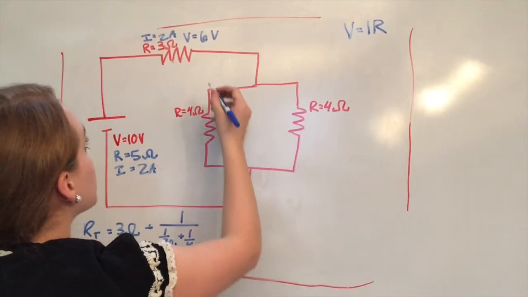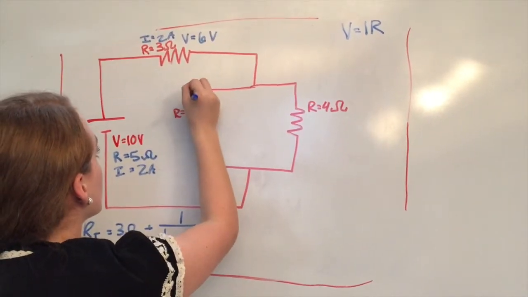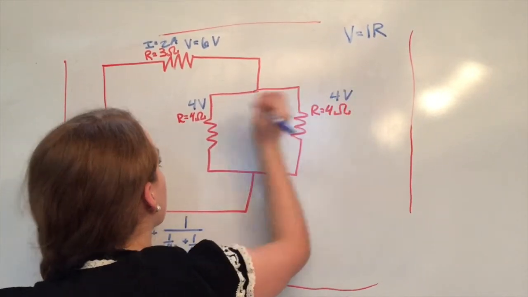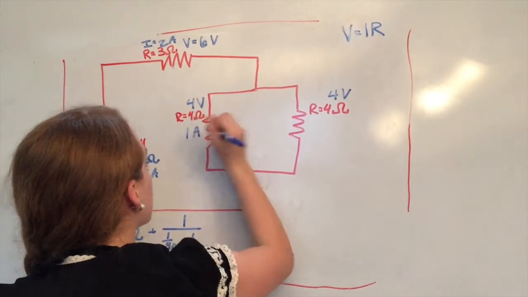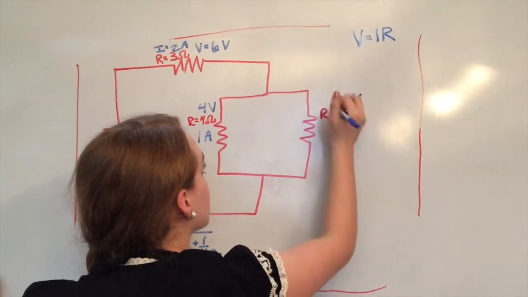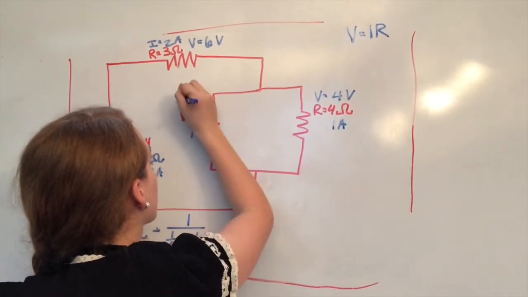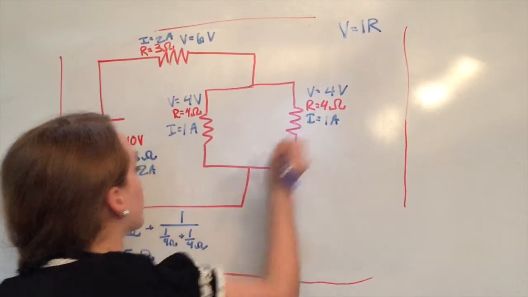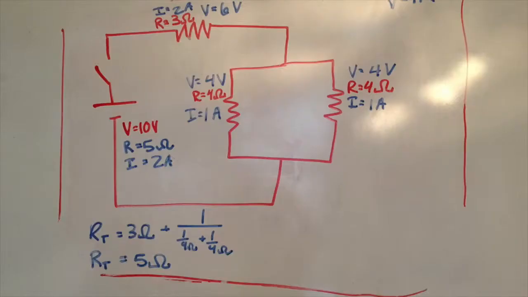Using the voltage equals current times resistance equation, we can find the current in each resistor to be 1 amp. As a quick check, make sure that all the voltages add up to 10 and that the currents add up to 2. Notice, if we open this switch, then the total current would be 0.